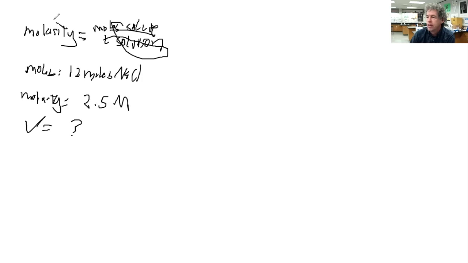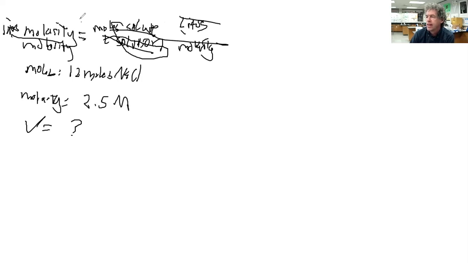So we're solving for liters here. You can multiply both sides by liters and then divide both sides by molarity to isolate liters of solution. Liters cancel on one side, and dividing both sides by molarity cancels molarity.